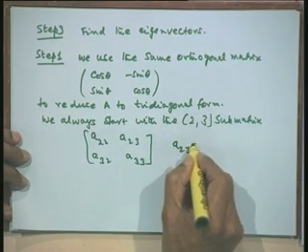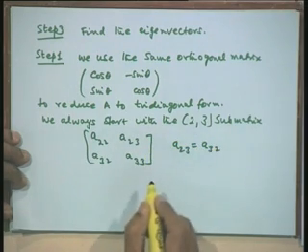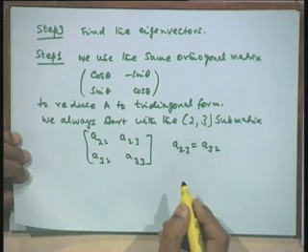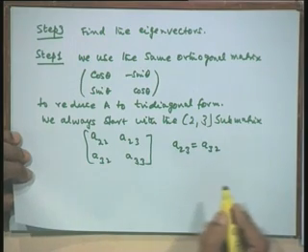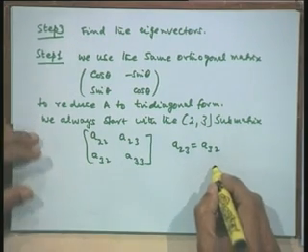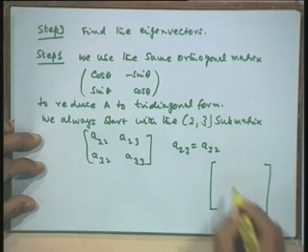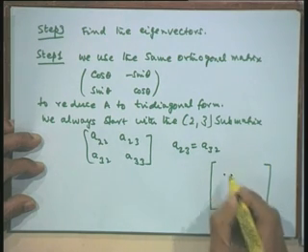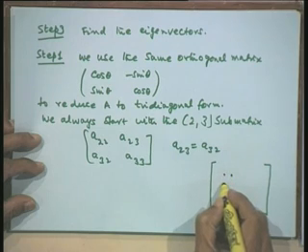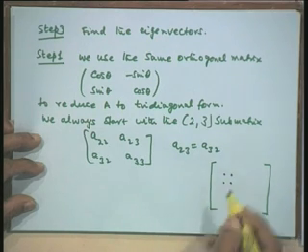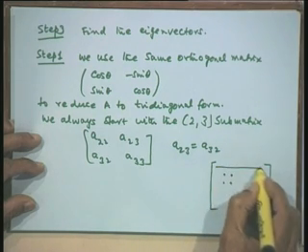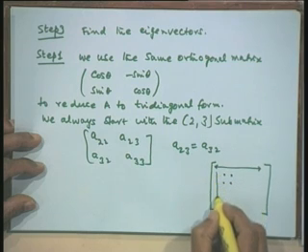Of course, A23 is equal to A32, as we have a symmetric matrix. That means, we are now starting with these two locations 2,3 and 3,2. We are not touching the first row, we are not touching the first column.